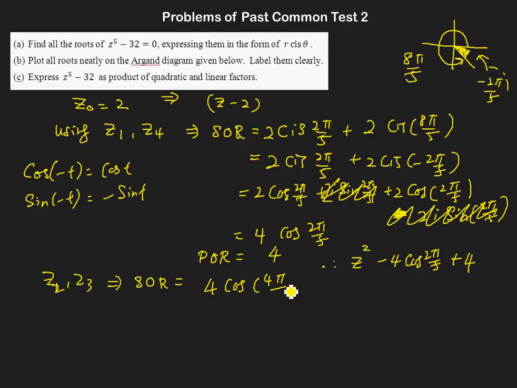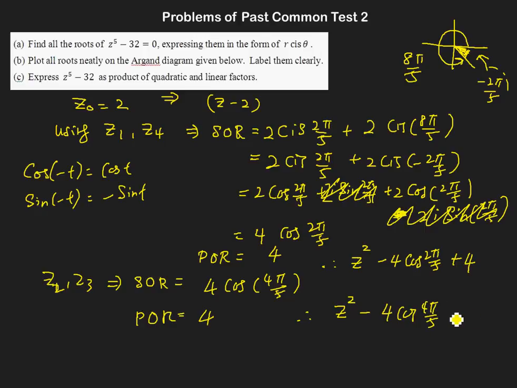Try that and figure out why this is 4 cosine 4 pi over 5; the argument is similar to what we have here. And so the product of roots will also be 4. So using Z2 and Z3, you will get this factor, z squared minus 4 cos 4 pi over 5 z plus 4.